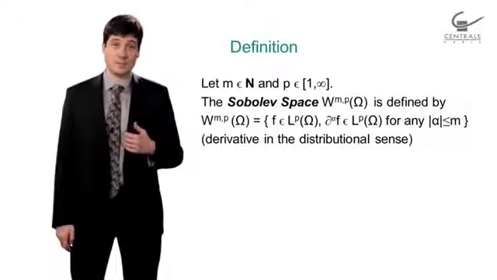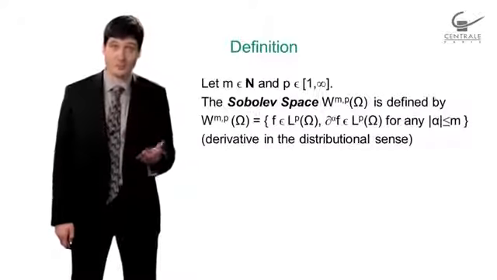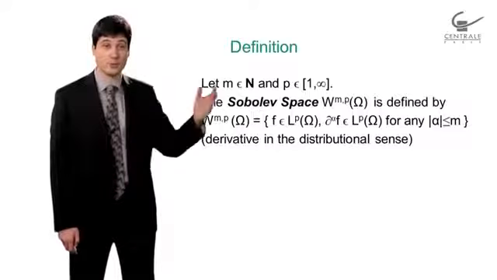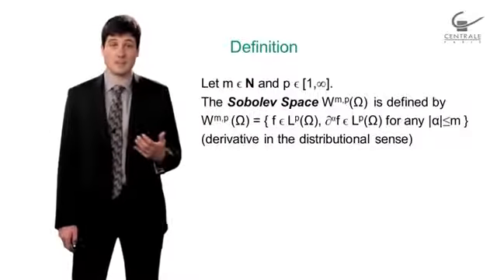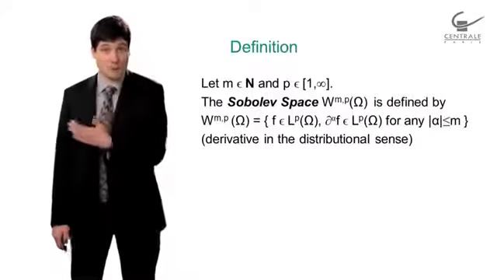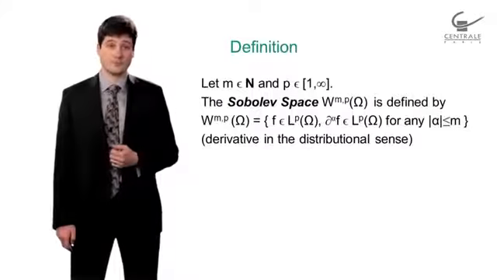And the distributions are useful here because when we're talking about the derivatives, it is the derivative in the sense of distributions that we just defined in the previous video.